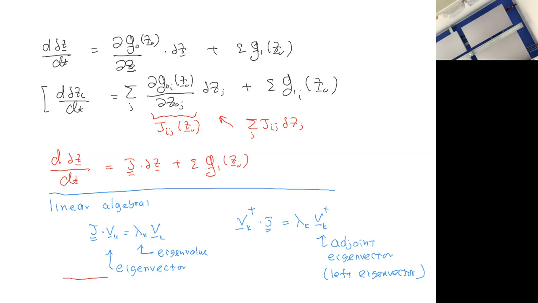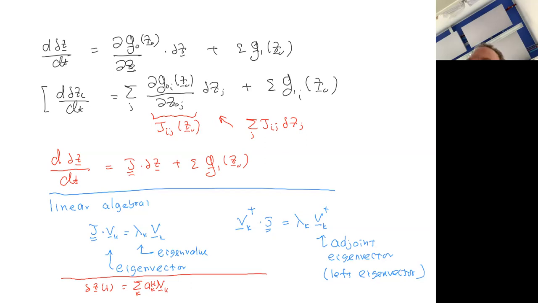delta z of t equals the sum on k of ak vk, ak of t. So we're going to express delta z in a new basis.